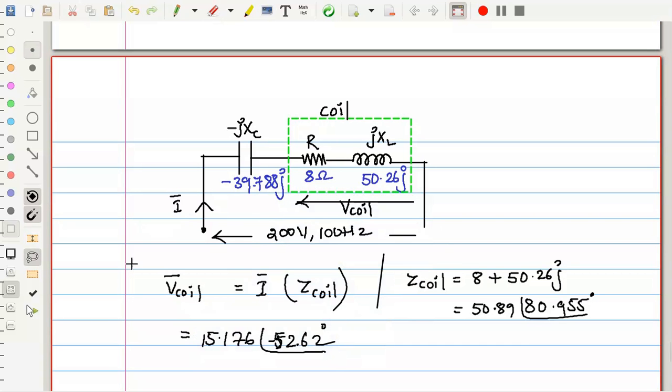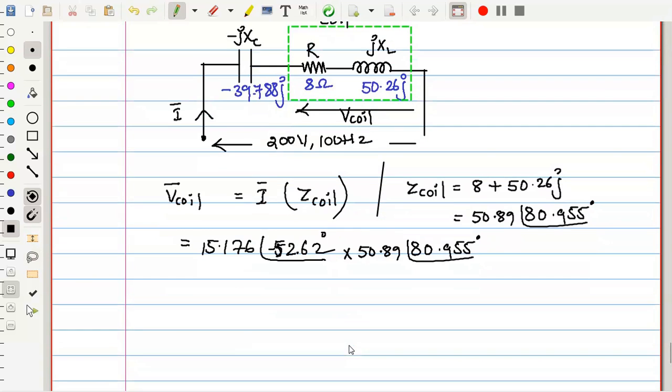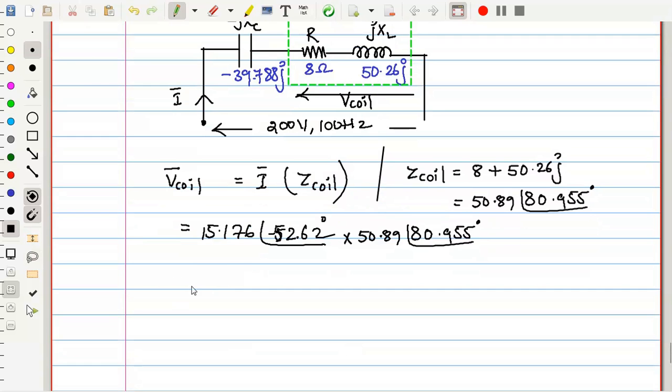The coil impedance is this one. You multiply these two and you will get your answer in phasor form. So how much is the coil voltage phasor? Somebody multiply these two carefully.